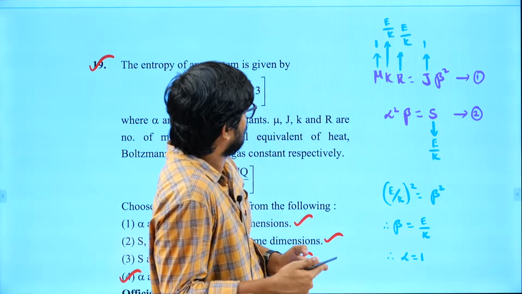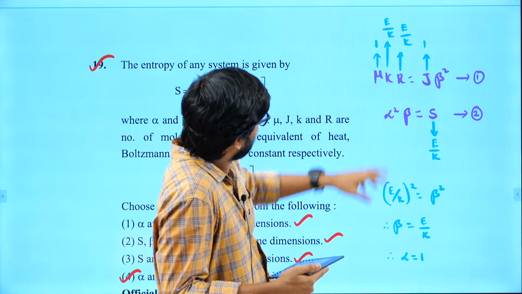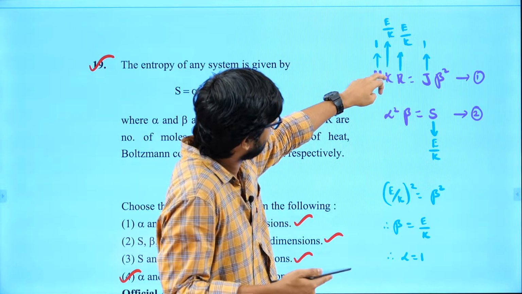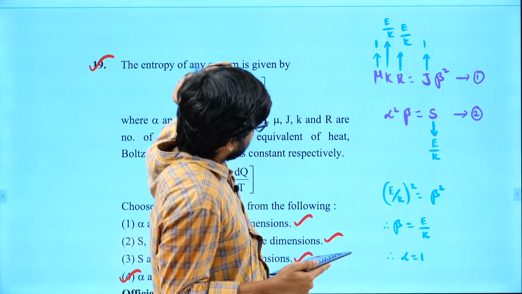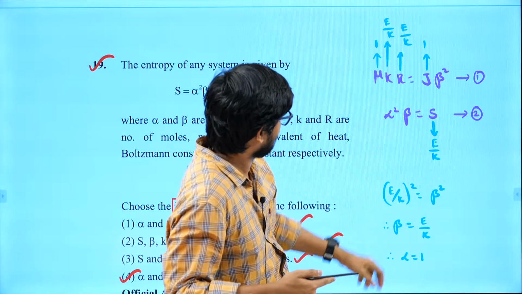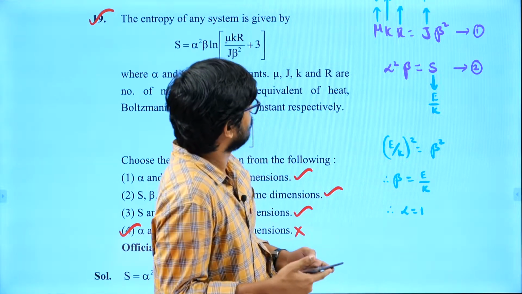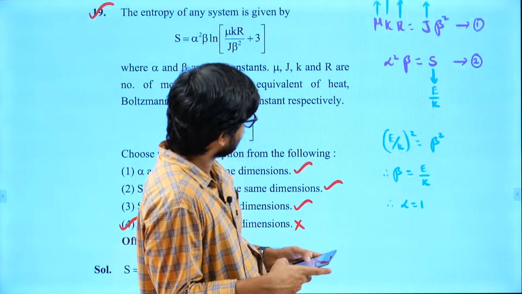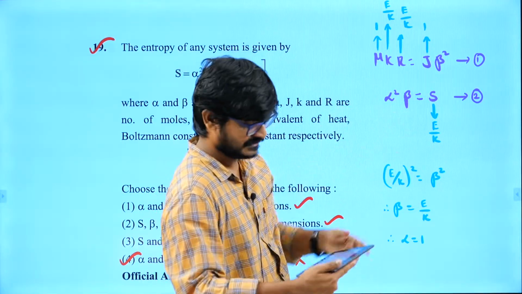So I wanted to eliminate beta square, so I can square this and divide, and I can get beta will be having dimensions of E by K, and alpha will be having no dimensions, right? I think, or else I can find beta dimensions from here and substitute it here, whatever it is.